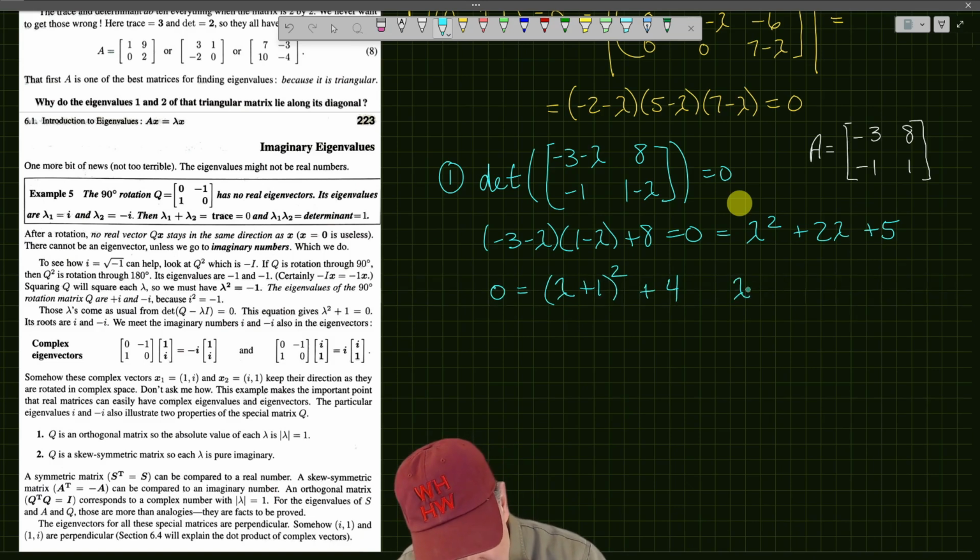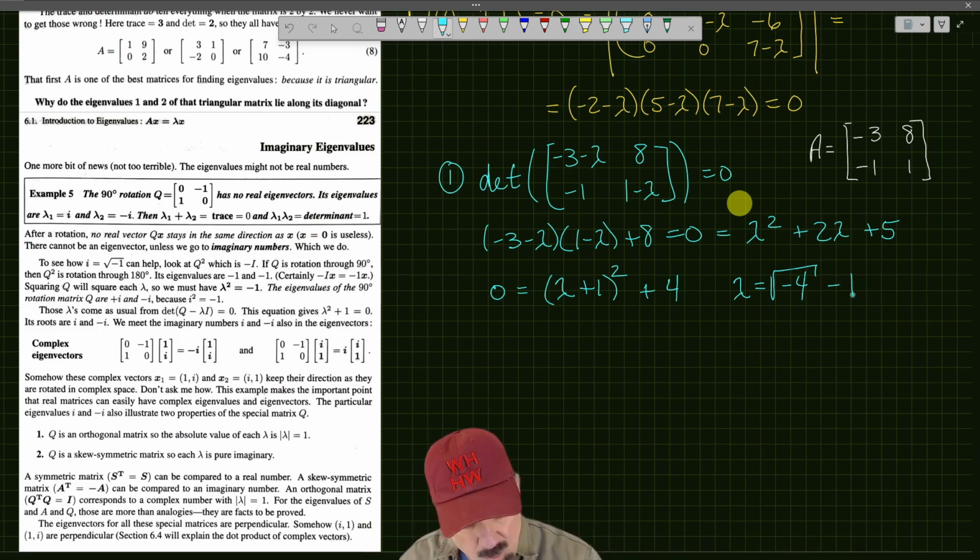So the lambda values are equal to, I'm going to take the square root of negative 4, and then I'm going to subtract off 1. So the lambda values are equal to negative 1 plus or minus 2 times i.